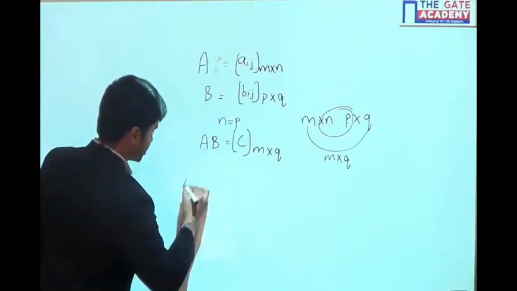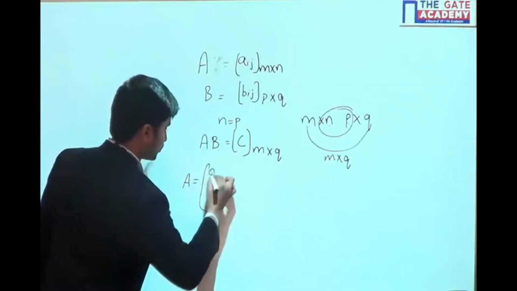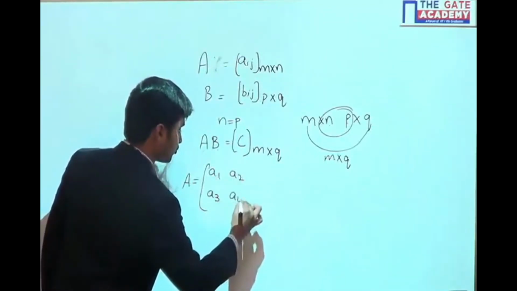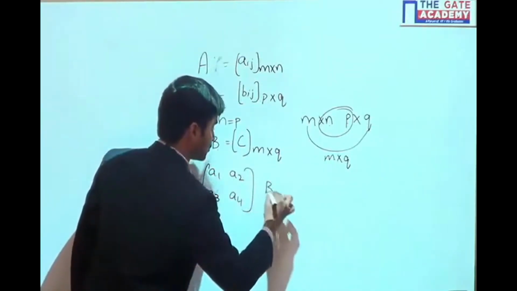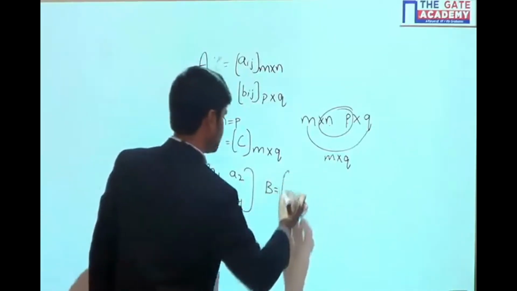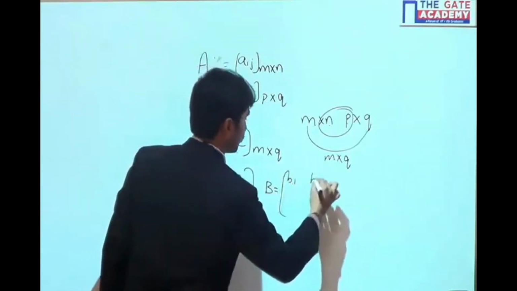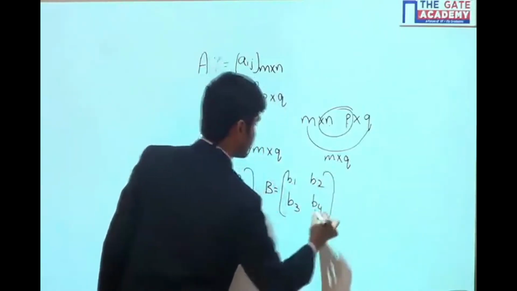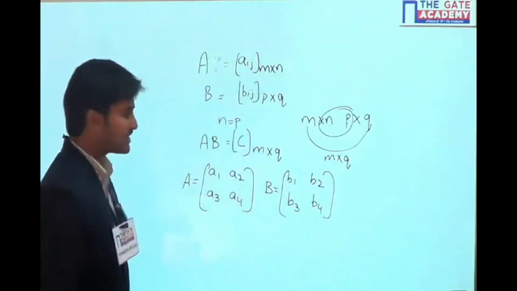Let us assume the matrix A is equal to A1, A2, A3, A4, and the matrix B is equal to B1, B2, B3, B4. What is the size of the matrix A?